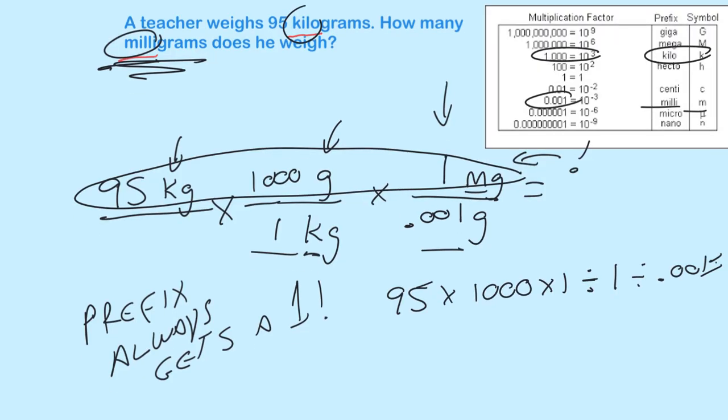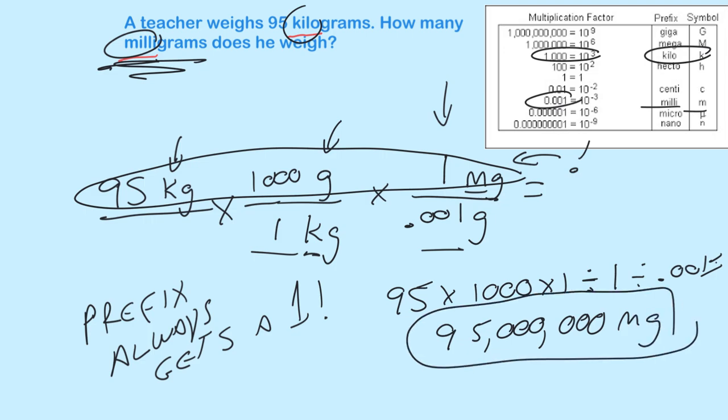Okay, so it's going to be 95,000 times 1 divided by 1, which makes it 95,000, and then divide by 0.001. So again, I recommend using a calculator on this. So when I run that through the calculator, I get this number. And it comes out to 95 million. And again, the unit's going to be milligrams, and that's going to be my answer. So there are 95 million milligrams in 95 kilograms.